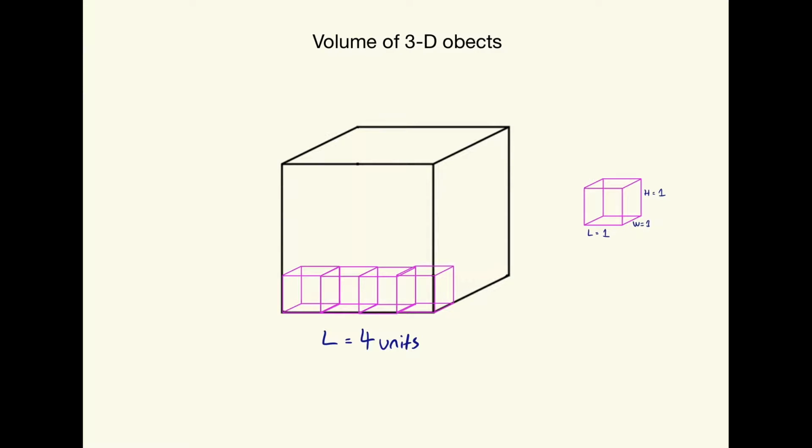Now, let's go and see how many more we can fit in. What I might start doing is I might start stacking them behind, like this. There's another one. There's another one. And here's my last row.